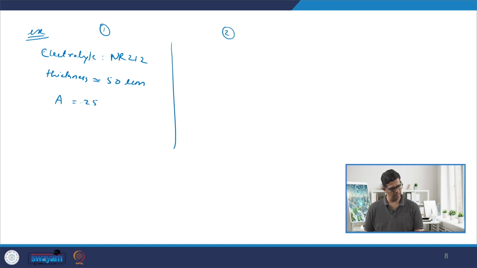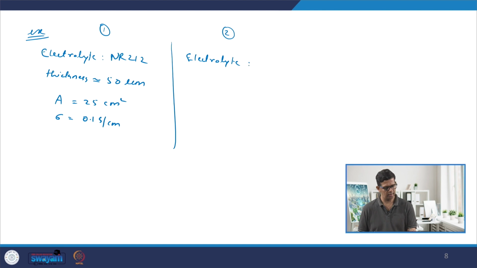Area is, let us say, 25 centimeter square, and conductivity of this electrolyte is typically 0.1 Siemens per centimeter. Let's keep most of the things same, that is area and the conductivities. Let's change the electrolyte. So, now the second cell is using electrolyte Nafion 211. So, it is 1 mil. So, thickness will be around 25 microns. Let us keep the area same.